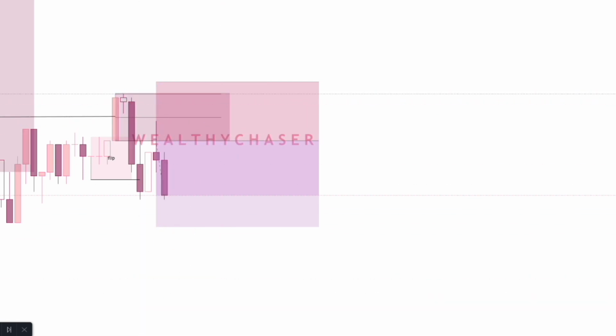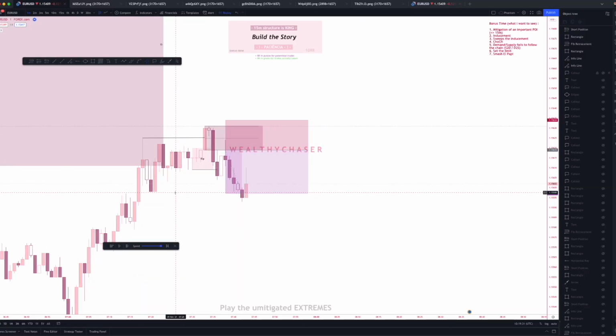What happens next? There's a BOS of this low. Because if we see the swing structure of the 1 minute, price came down and only broke here, right? So this, at the moment, is my swing low of the 1 minute.